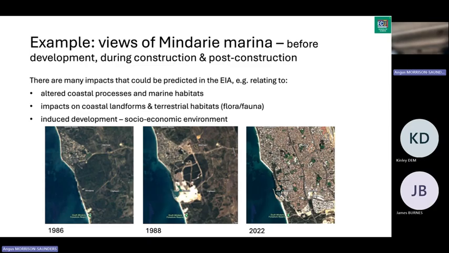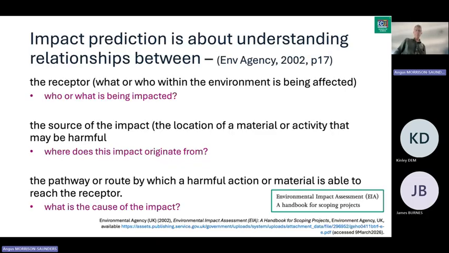There's a whole lot of stuff about the coastal dunes and the vegetation and the animals and the plants that live in those systems. But there's a time dimension there as well. What is the time dimension that we're going to predict impacts around, given the big changes that we see over a long period of time? What is the proponent responsible for in the EIA, and what is something that's outside of that? Lots to think about.